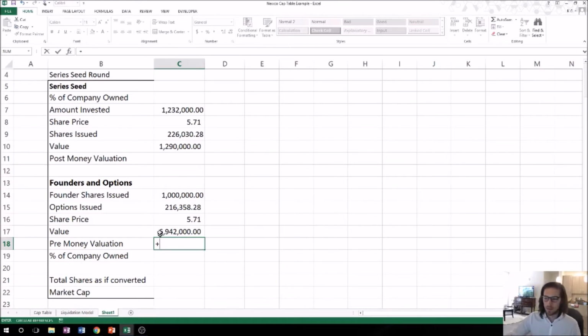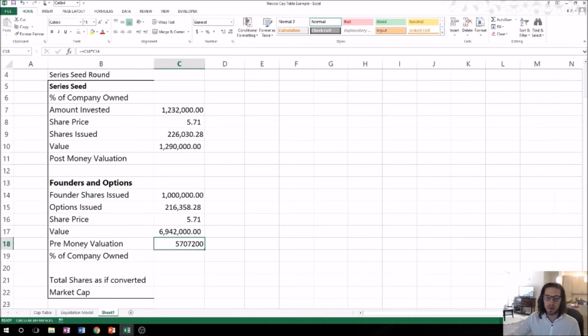So that is the share price times shares issued, right? So that's basically the pre-money valuation the founders received. These are not really important numbers. The important numbers, you'll see what the important numbers are here in a second.